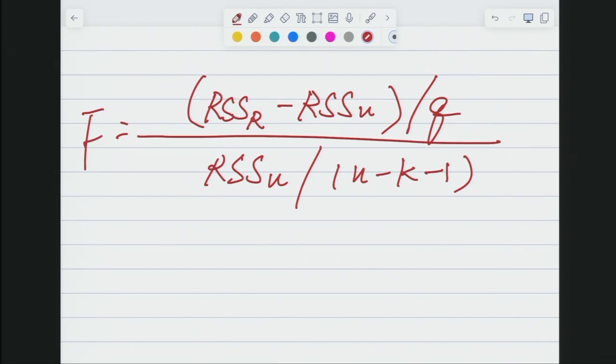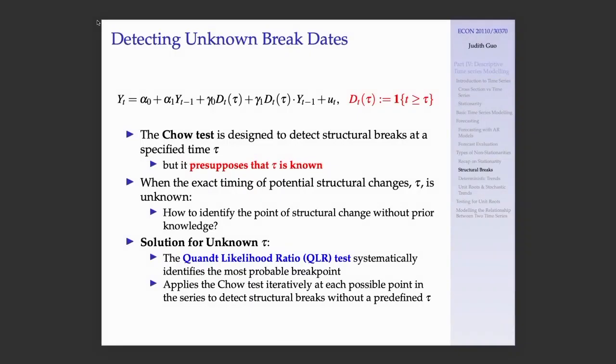Now, coming back to what we were discussing on Monday, structural breaks. We've looked at the Chow test, which is the test for a known break date. I'll spend maybe the next 10 minutes to quickly wrap up on detecting unknown break dates.